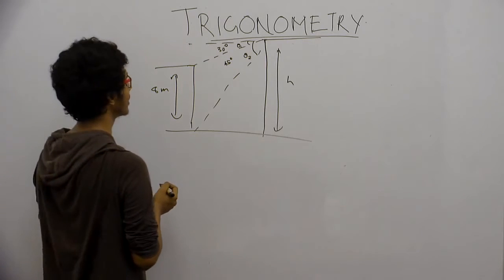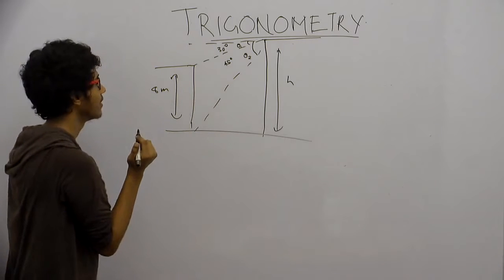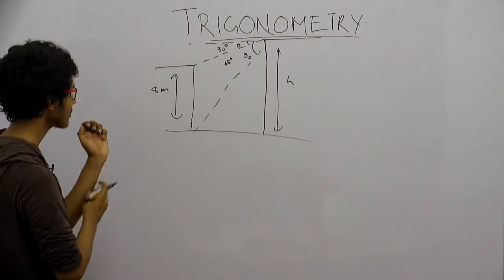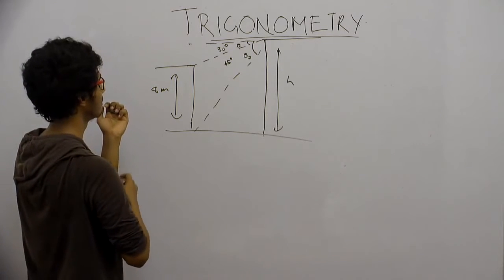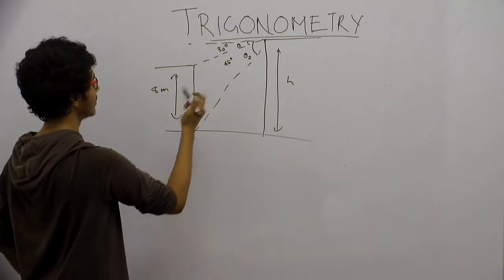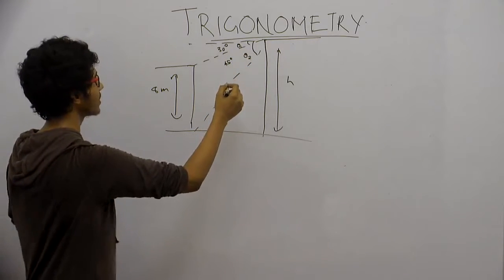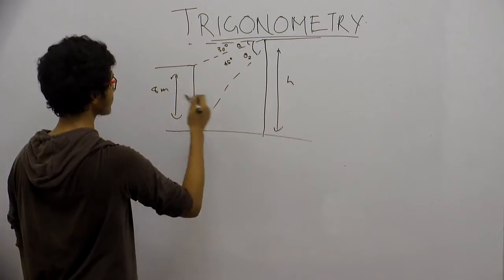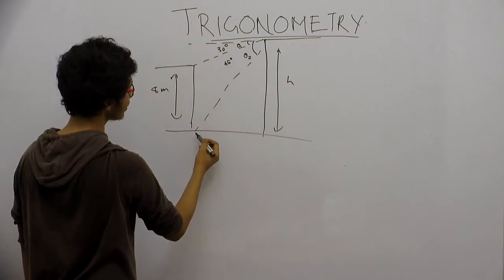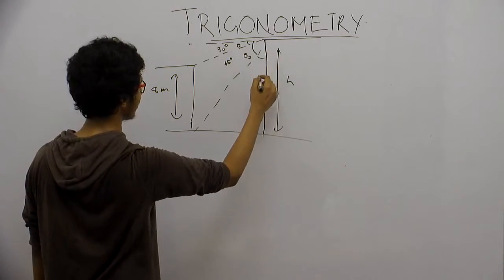Now how do we proceed in this problem? First of all, we see that this angle is 30 degree, this is 45 degree. 45 degree means this angle will also be 45 degree.